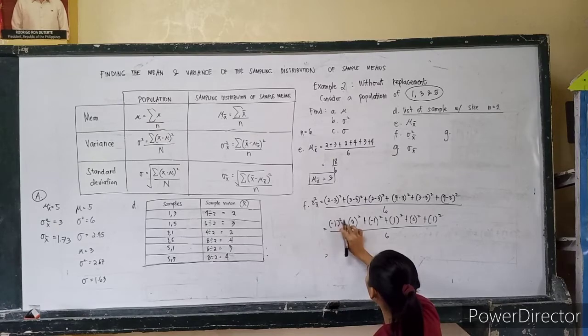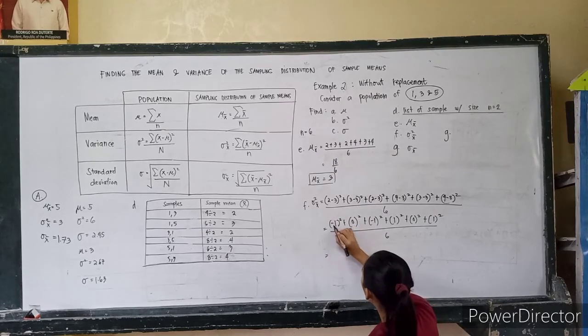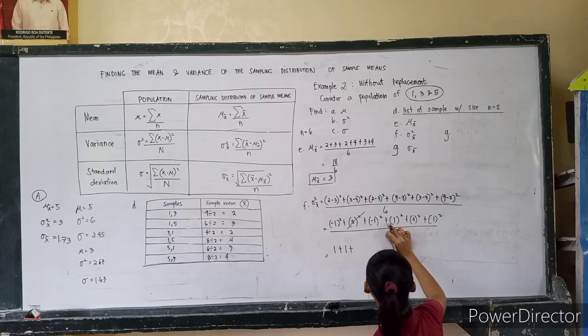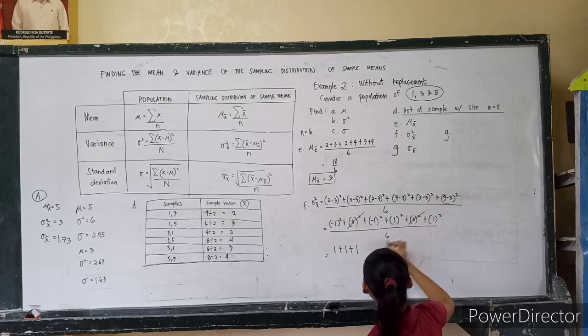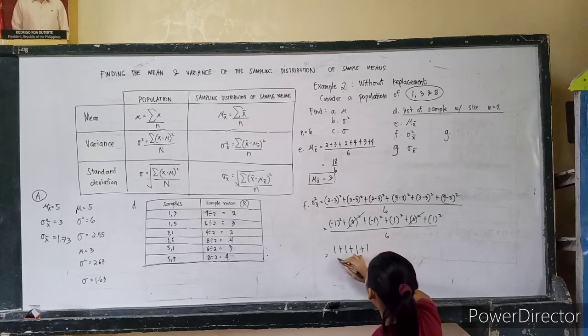Next, we operate on the squares. So, negative 1 times negative 1 is positive 1, plus 1 again, plus 0 times 0 is 0, and 1 squared is still 1, over 6.